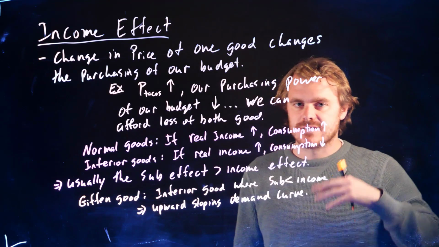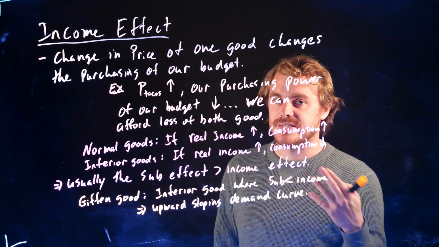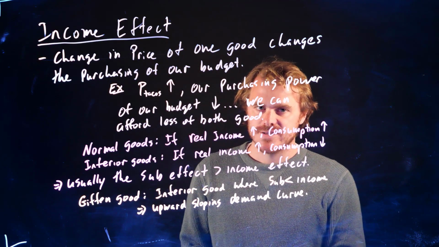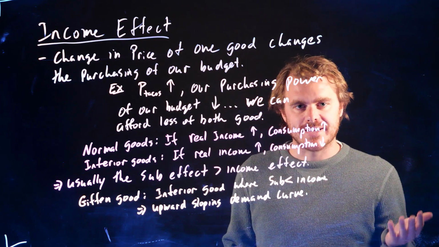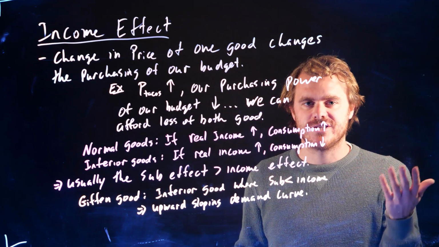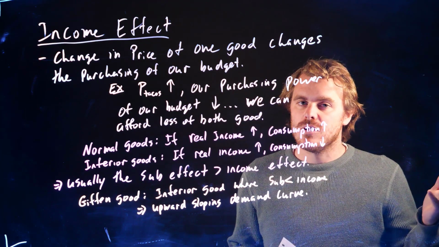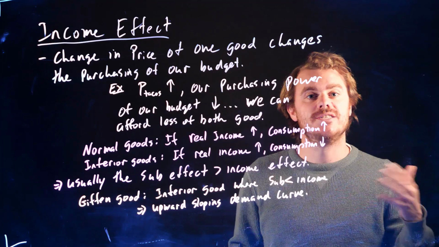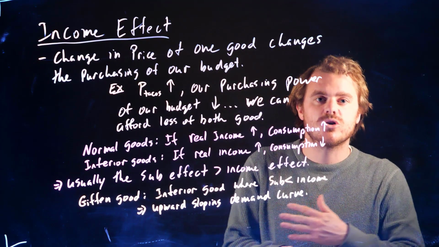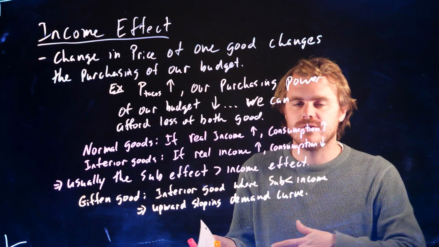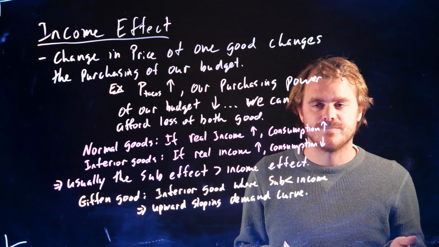Okay, let's quickly sum up this price change. So when there's a change in prices, so this is an exogenous change in prices, not due to our decisions, but due to the markets, our consumption of these two goods is going to change. And there's going to be a total change in consumption of tacos and a total change in consumption of soda.